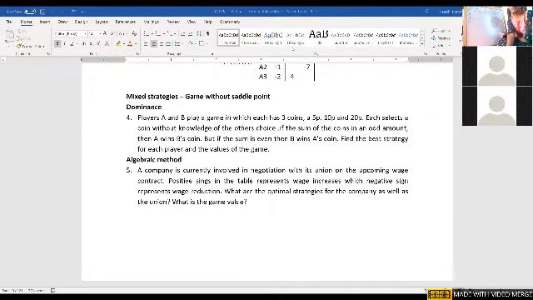In this question, there are 3 coins between two players, 5 paisa, 10 paisa and 20 paisa. If the sum of the coins is an odd number, A is winning B's coin, and if the sum of the 2 coins is an even number, B is winning A's coin.